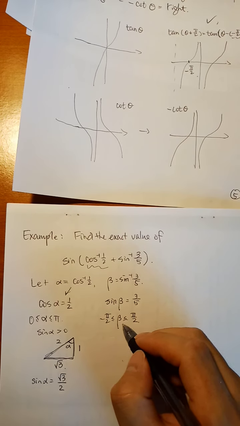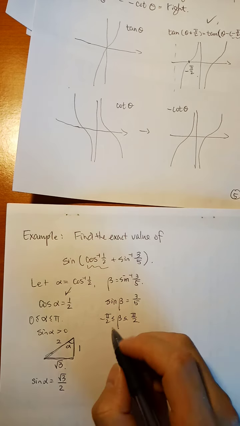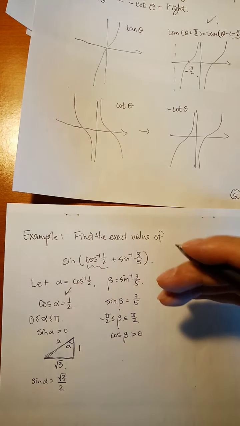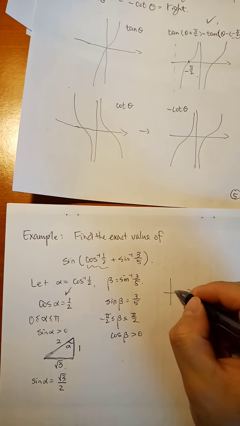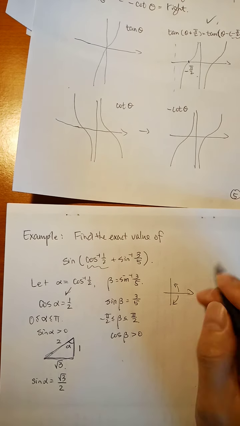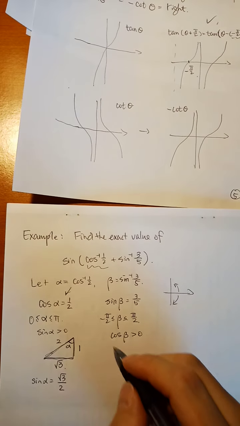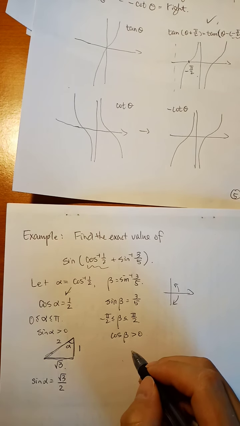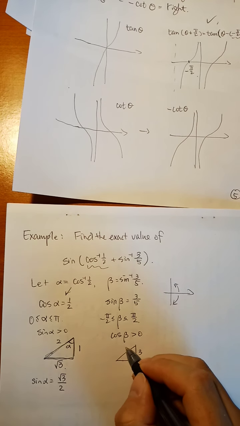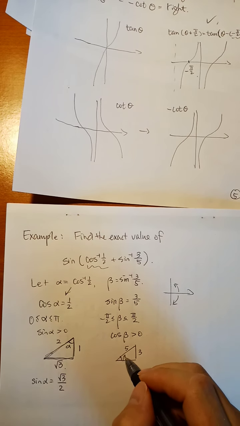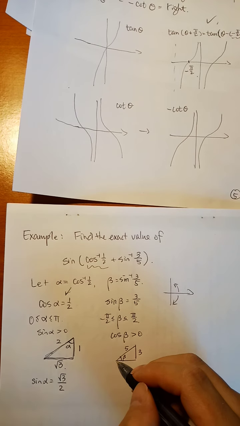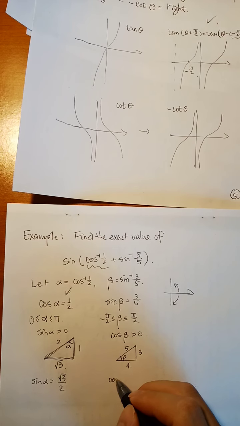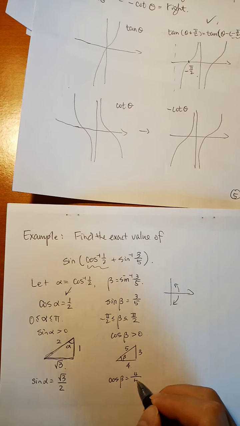For beta, it's between negative pi over 2 and positive pi over 2, the first and fourth quadrant, so cosine of beta is positive. This is beta. Opposite is 3, hypotenuse is 5. By the Pythagorean theorem, the adjacent is 4. So cosine beta is 4 over 5.